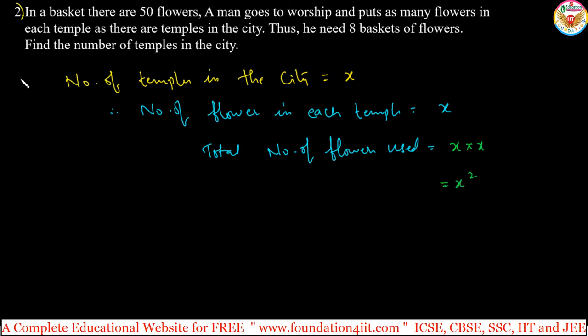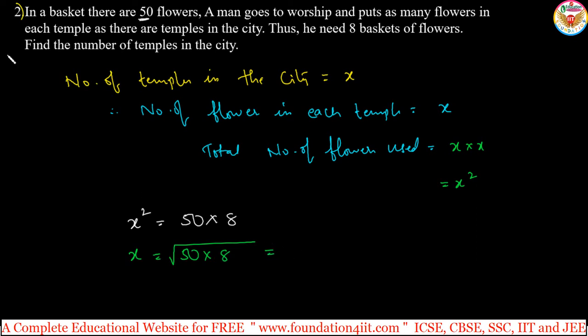But according to the given data, x square is equal to 50 flowers in each basket into the number of baskets, which is 8. So 50 into 8. Now x is the square root of this, so x is equal to the square root of 50 into 8.